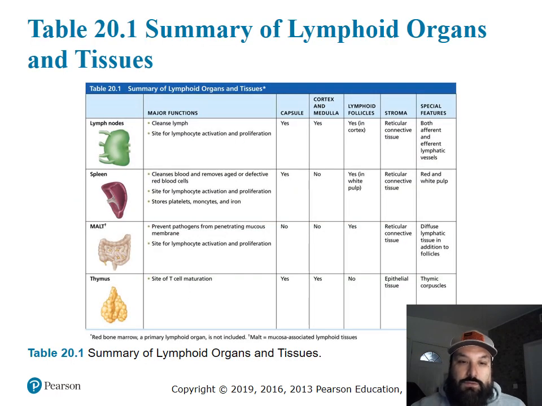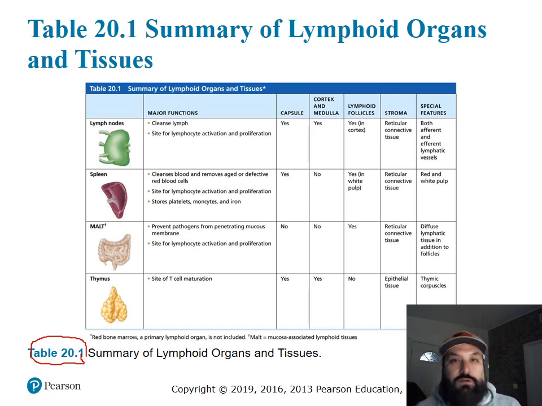Okay, so finally, this last table, I wanted to put this one in here, table 20.1. It's the last slide of this PowerPoint to talk about the three or four different types of organs and tissues that you find in your body, mainly that make up the lymphatic system. You don't see the vessels there, but here are your tissues, right? Here are your lymph nodes, here's your spleen, here's your mucosa-associated lymphoid tissue.